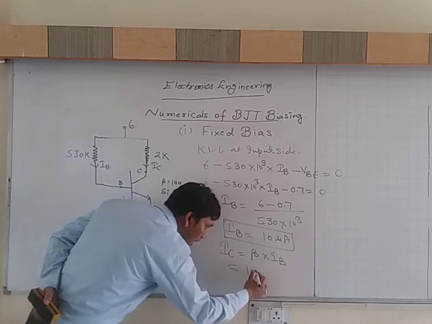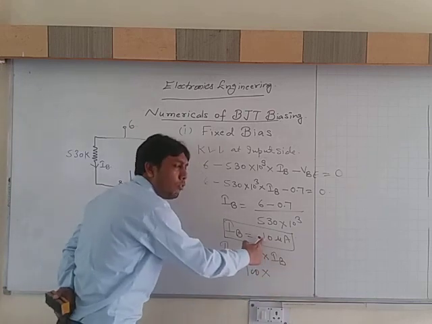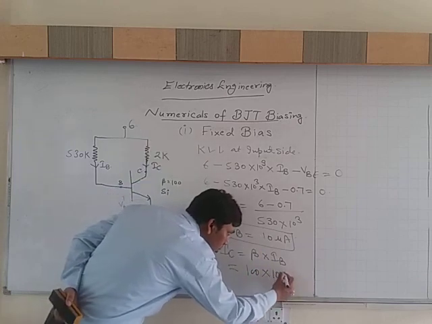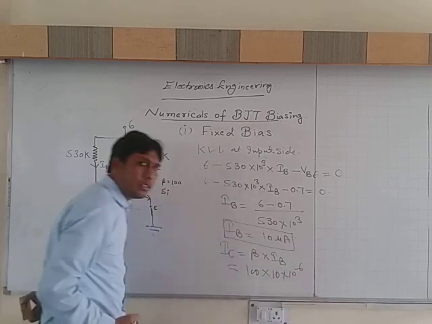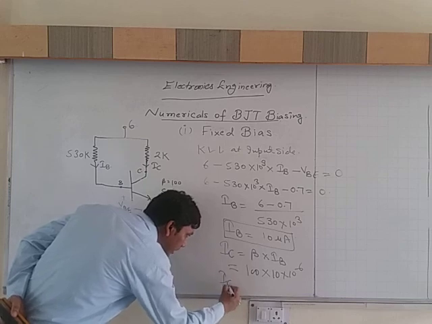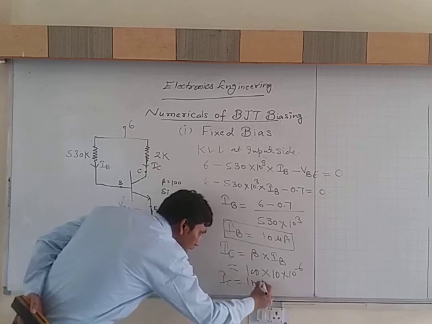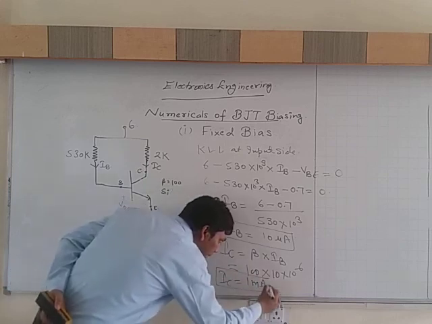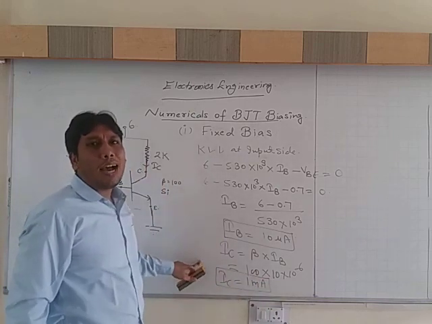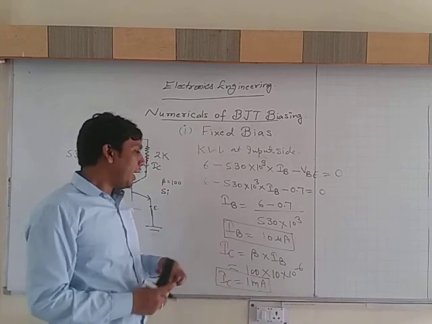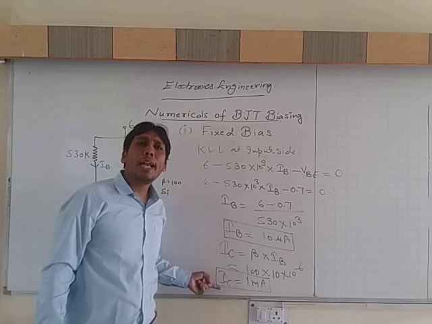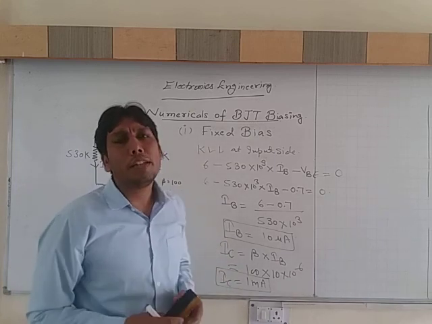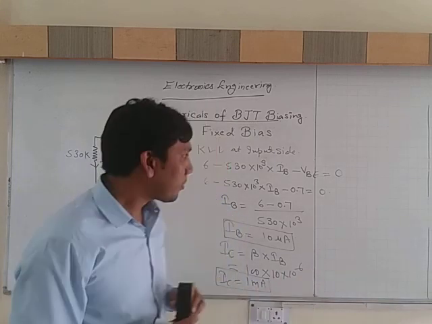So IC will be 100 into the value of IB, that is 10 into 10 to the power minus 6. So the value of IC will be equal to 1 milliampere. We have got the value of IC, and by adding IB and IC we can determine the value of IE.